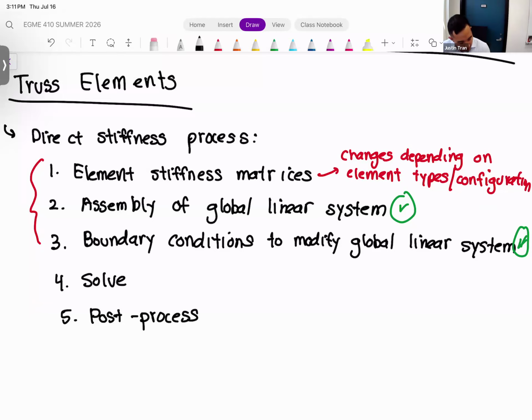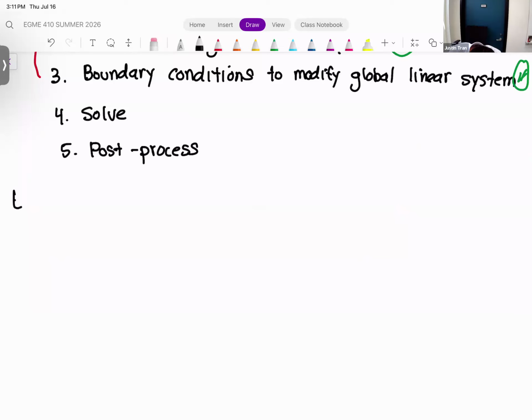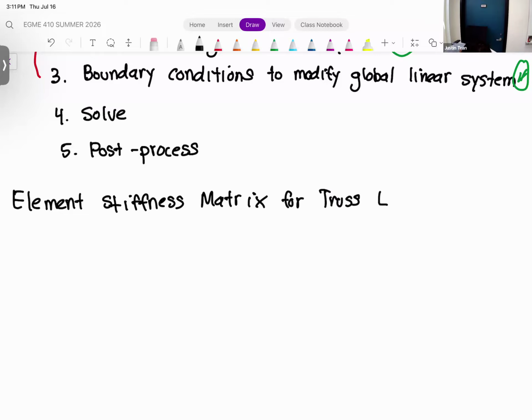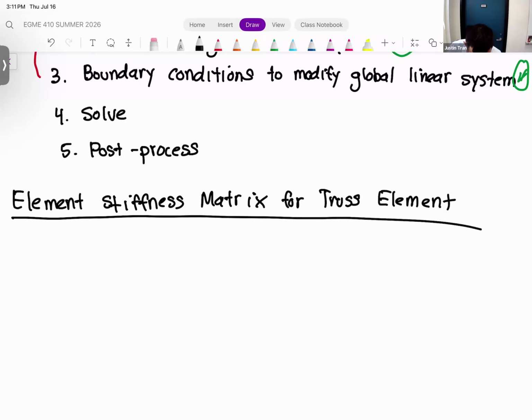Okay, let's go ahead and talk about the element stiffness matrix for a truss element. If you recall from Tuesday, a big part of our lecture was deriving the element stiffness matrix for a spring.